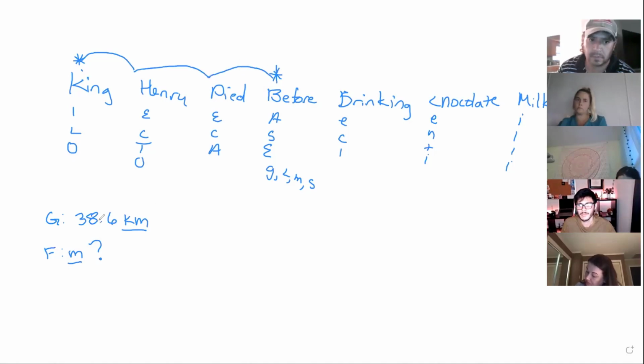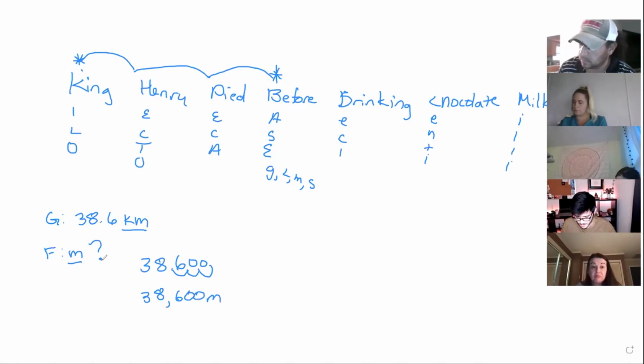So I take my decimal, this 38.6, and hop it over 1, 2, 3, and fill those in with zeros. 38,600 meters are contained within 38.6 kilometers. Isn't that nifty? Way more useful than 12s and 3s and 5,280s.